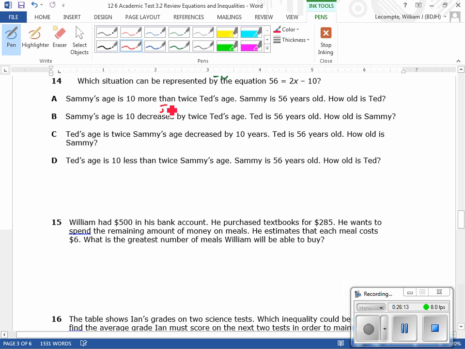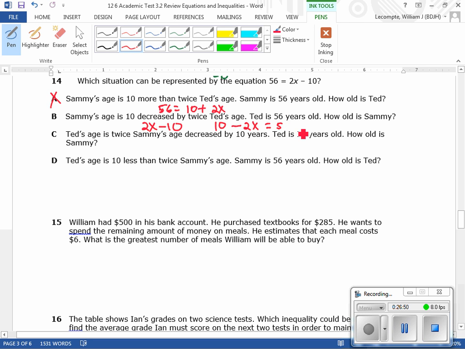B says Sammy's age is decreased by twice Ted's age. That says that 10 is decreased by twice, and that's equal to 56. I'm going to come back to that one because I don't think that's it. So we'll put a question mark on B.